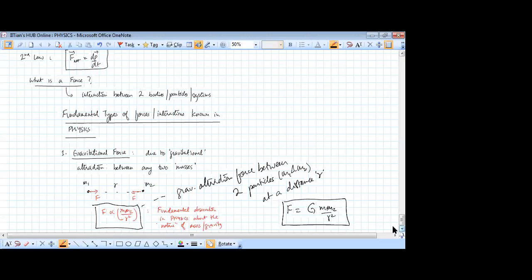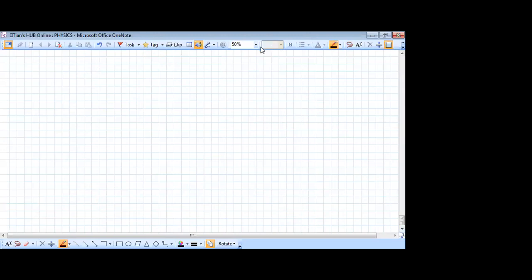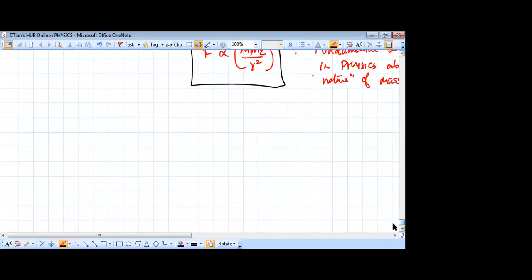Okay. Now, what is the significance of gravitational force for us in mechanics over here? The Earth is such a huge mass that on the surface of the Earth, it's only the gravitational pull of the Earth that matters.